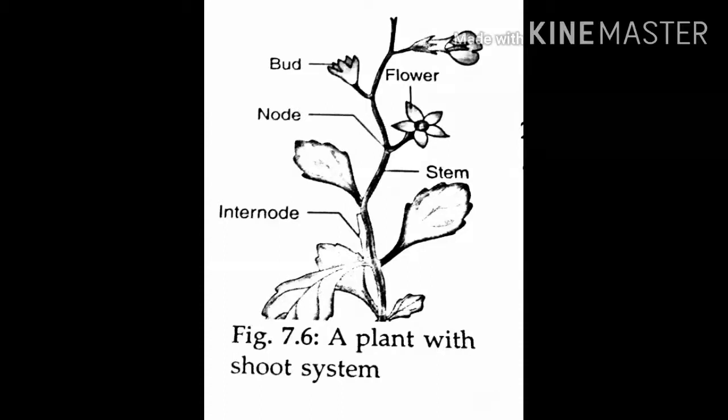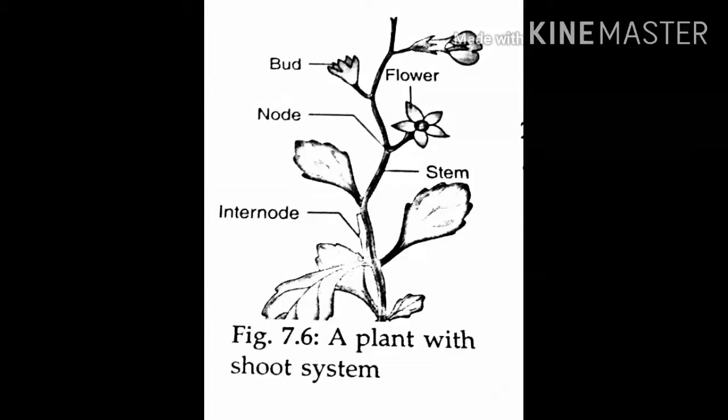The stem between two nodes is called the internode. Then the stem bears branches, leaves, flowers and fruits. Next we'll see functions of stem.